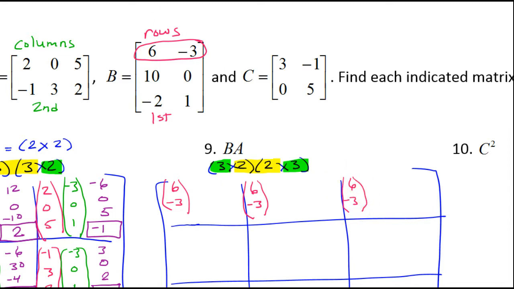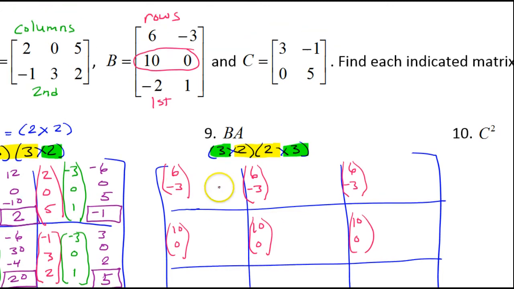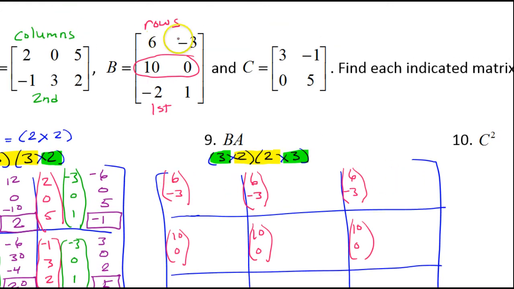Okay, now look at the second row. Since the second row is 10, 0, then I'm going to put 10, 0 as a factor in the second row. Alright, so you see how it works? The first row gets the first row.